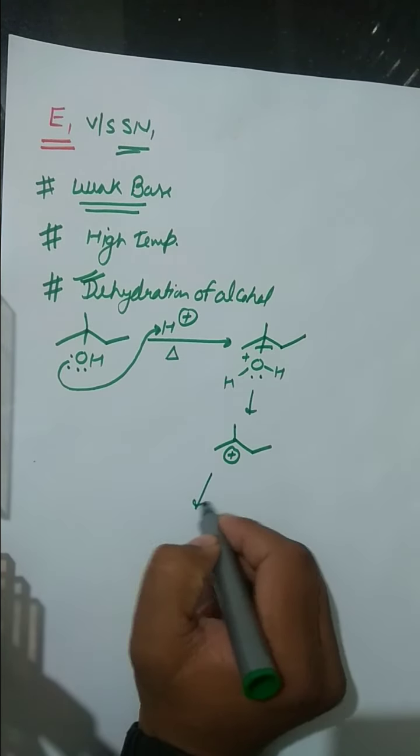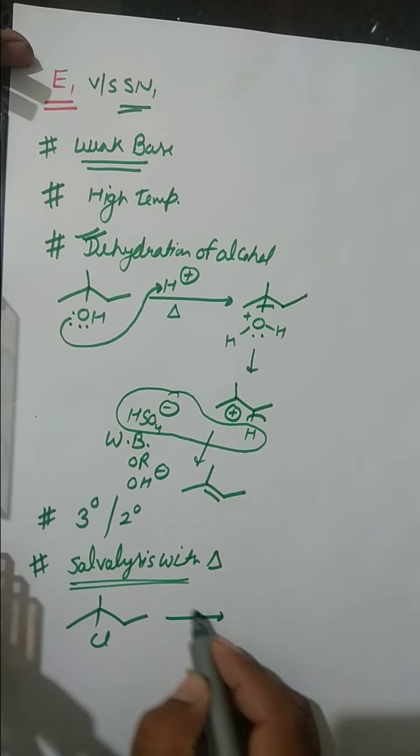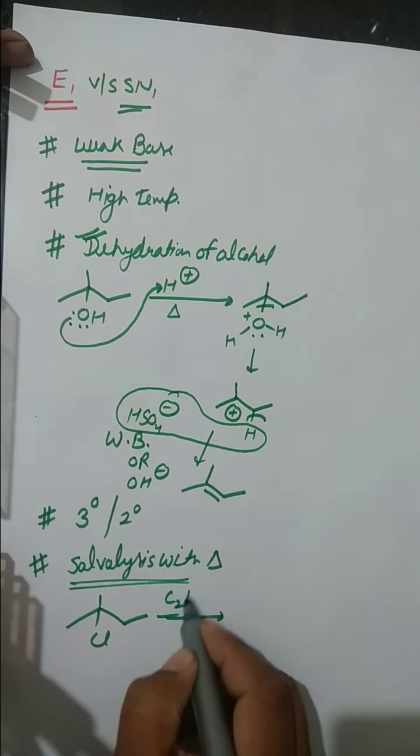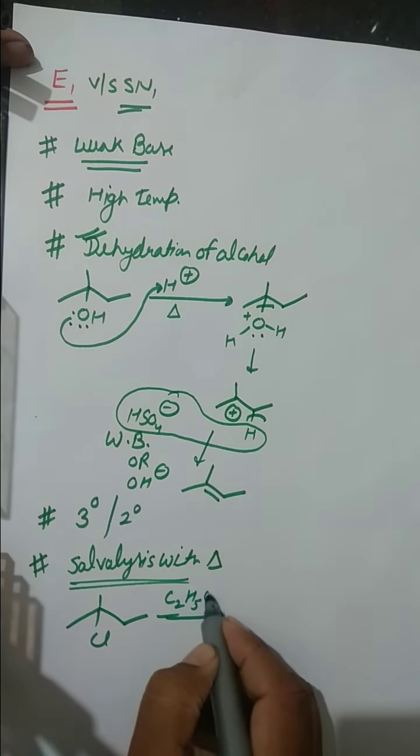So in our second example, when we heat it with C2H5OH, means ethanolysis, we are heating it with ethanol. Suppose if we take only C2H5OH, then our product is formed through the SN1 mechanism. But if we take C2H5OH with heat, then our product is formed through E1 and the product is an alkene.